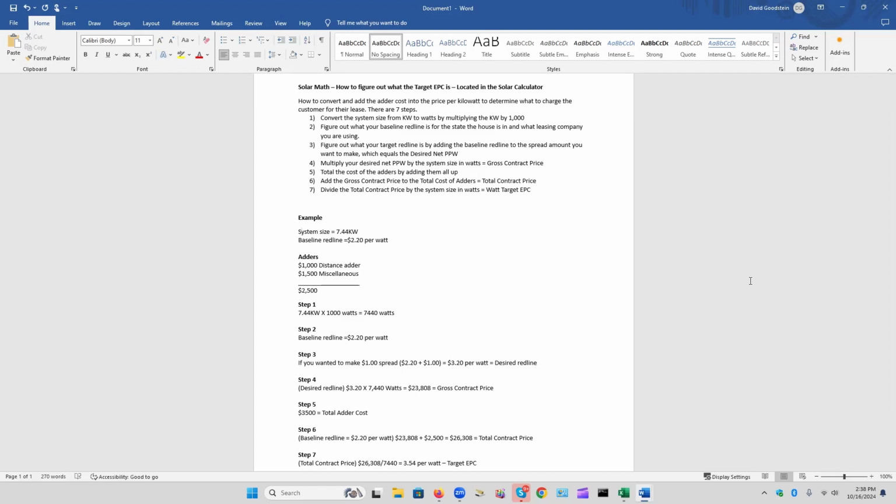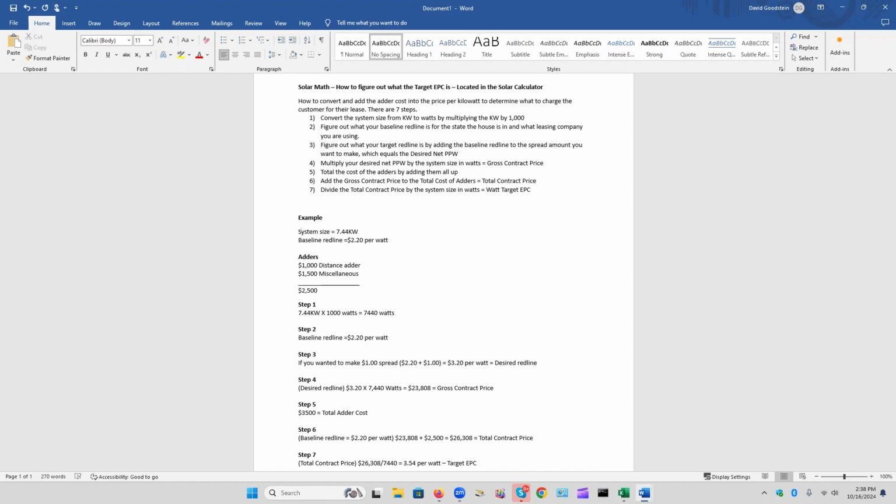So if there's 7 kilowatts, we're going to multiply it by 1,000 to get 7,000 watts. We're then going to figure out what your baseline red line is for the state the house is located in and what leasing company you're using, and then figure out what your target red line is by adding the baseline red line to the spread amount you want to make, which equals the desired net price per watt.